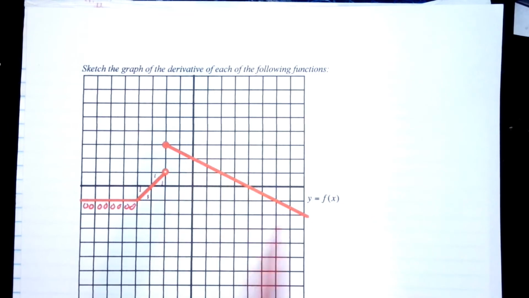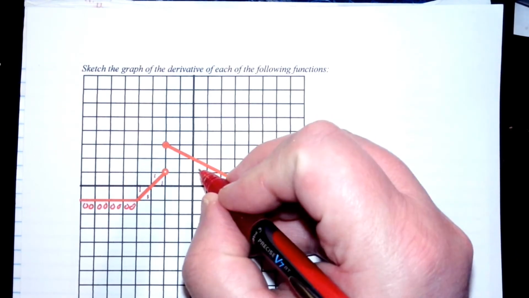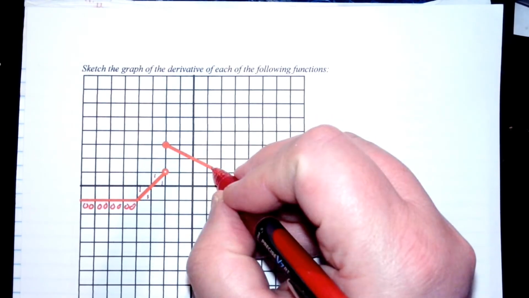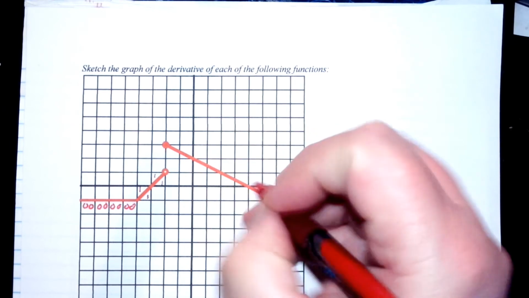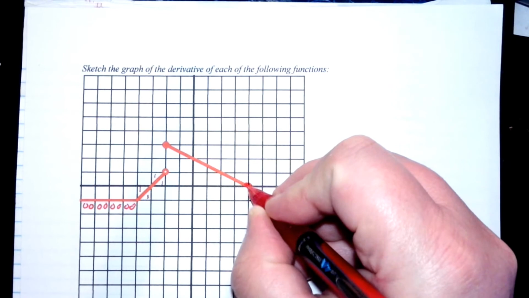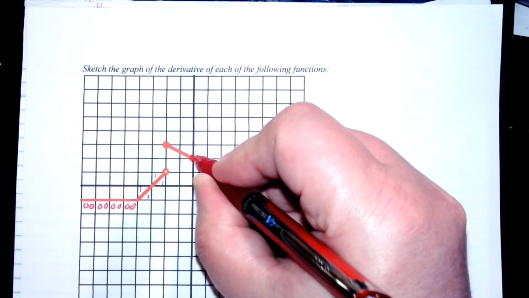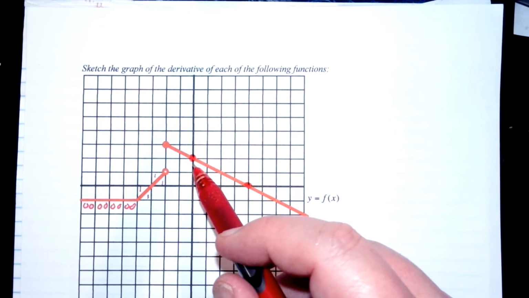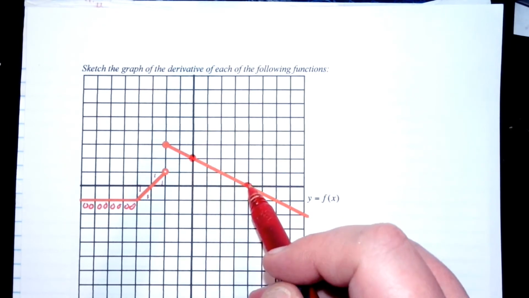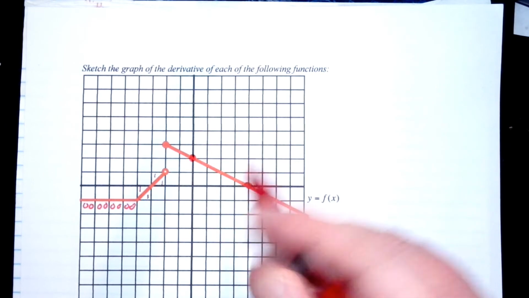Now we've got this one remaining part, and that slope looks a little bit more challenging. Let's see. Let's just try this point and that point. So in going from here to here, the delta y would be -2.